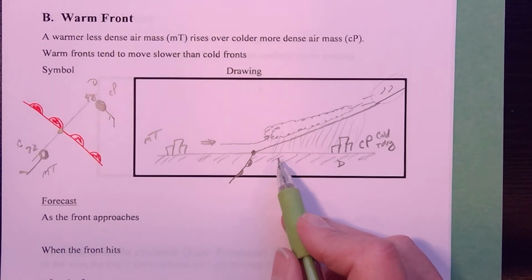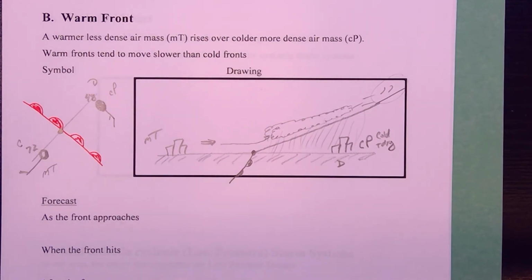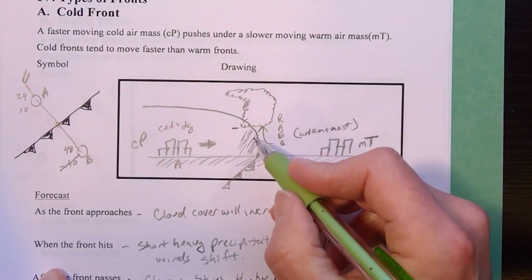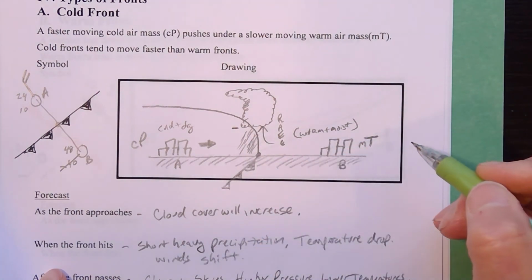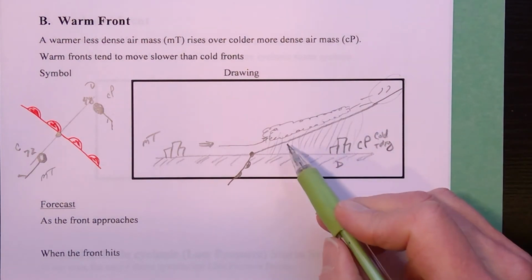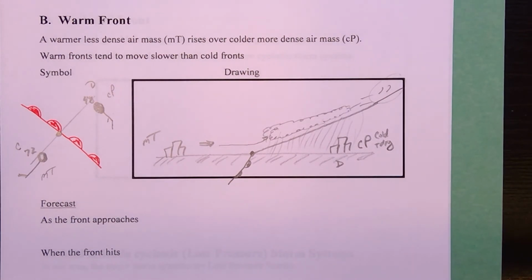So my precipitation is ahead of my warm front, but if you recall from the last video, when you look at a cold front, you get short and heavy precipitation at the frontal boundary. Here, you're getting long, gentle precipitation in front of the actual line on your weather map.